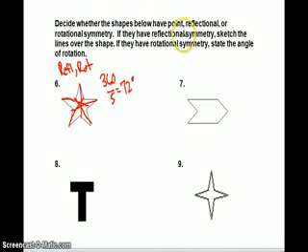This one here, number 7, we can draw a line right here. So it has reflectional. Rotational, we have to go all the way around the circle to match up, so it doesn't have rotational. And point would be halfway around and match up, and that doesn't work, so that just has reflectional. Number 8.